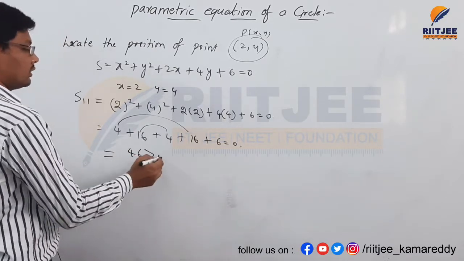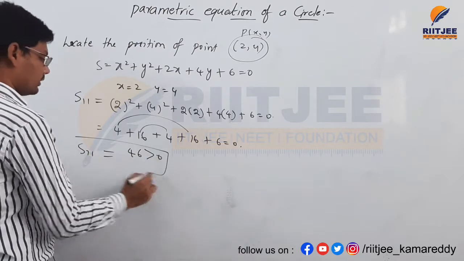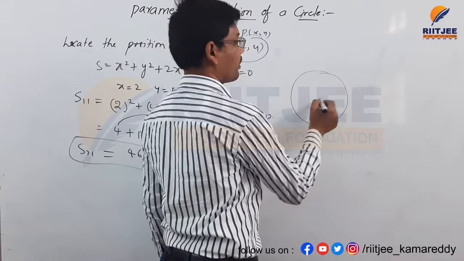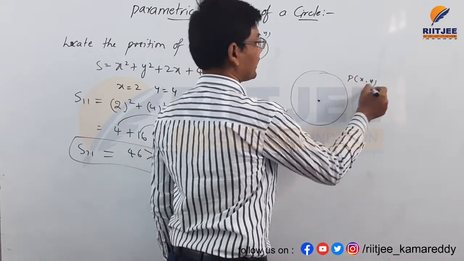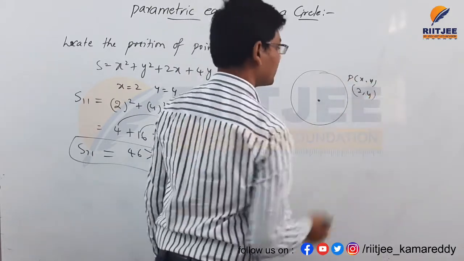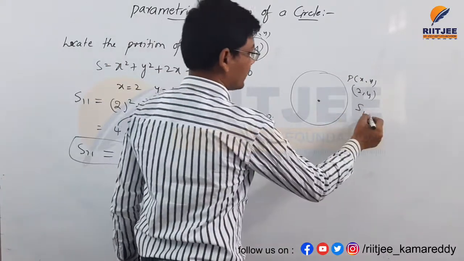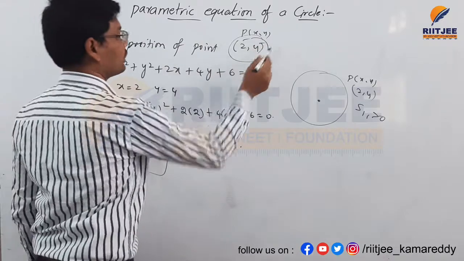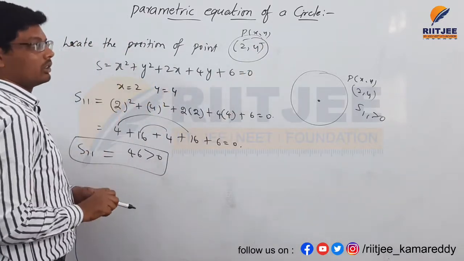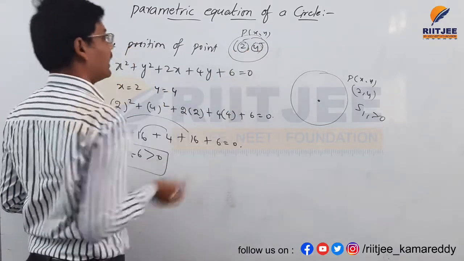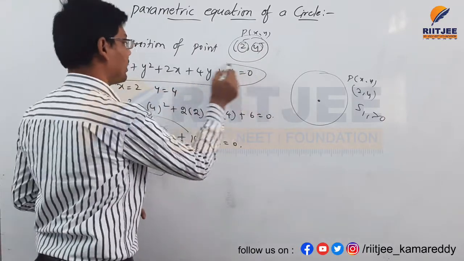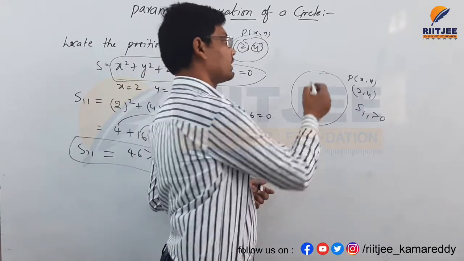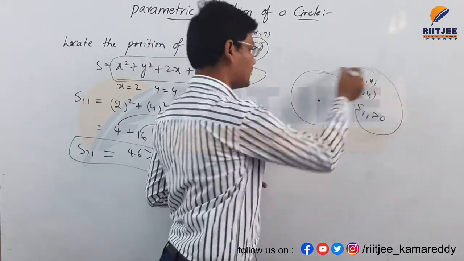46 is greater than 0, so S11 is greater than 0, then the point is outside of the circle. This point (2, 4) is outside of the circle when S11 is greater than 0. Simply, if the point and the equation all the values are positive, then you can say directly the point is always outside of the circle.